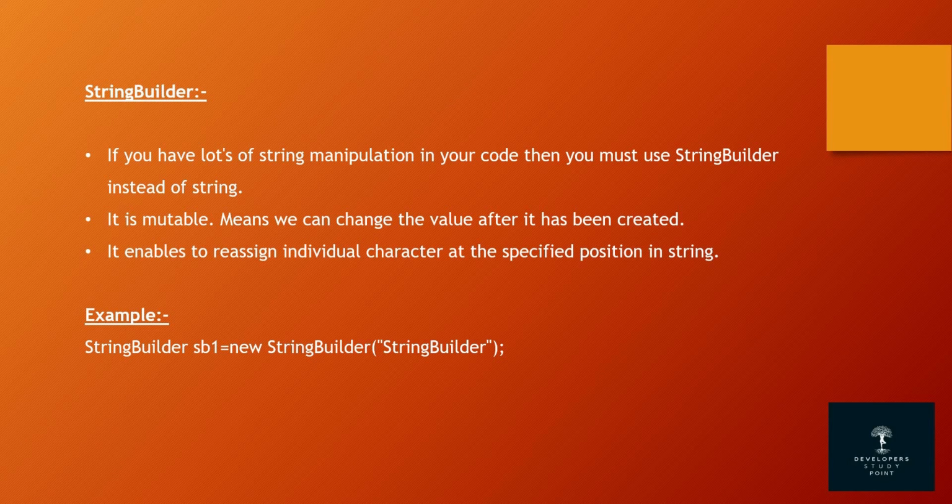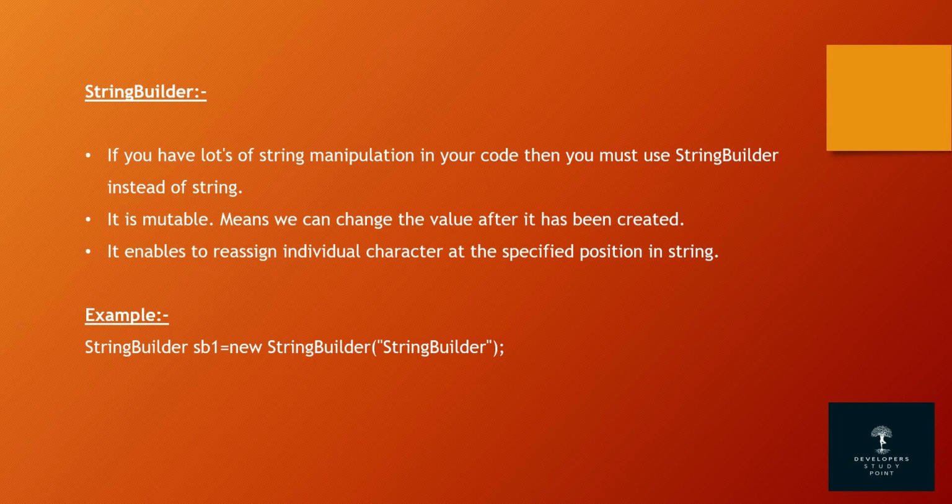As I told you, whenever we change the value of a string variable, it always creates a new string object. But while using a StringBuilder, it's not creating a new object every time. It only modifies the previous object. It means at the time of creating a StringBuilder, it creates one object and uses it anywhere. Any manipulation done is made in a single object. But with a string, while we are creating any type of string, a new one is created.